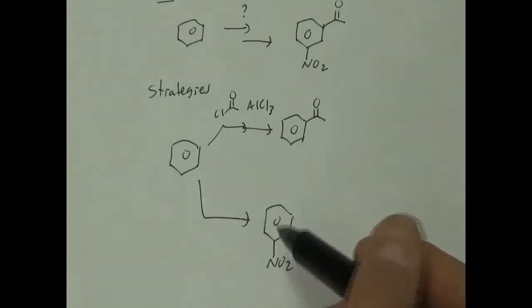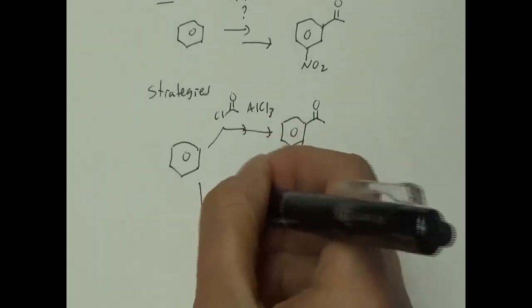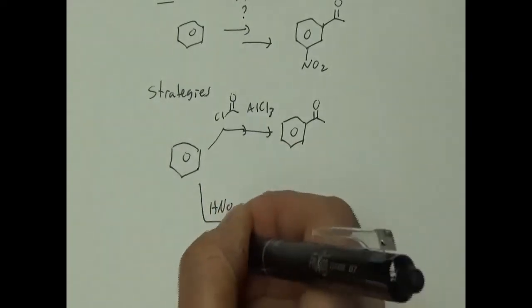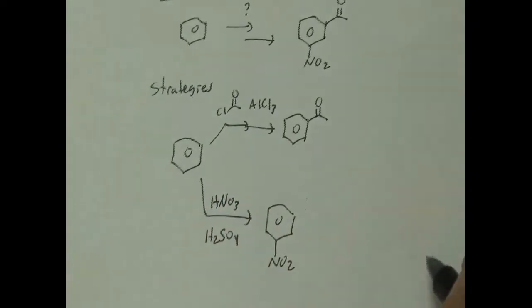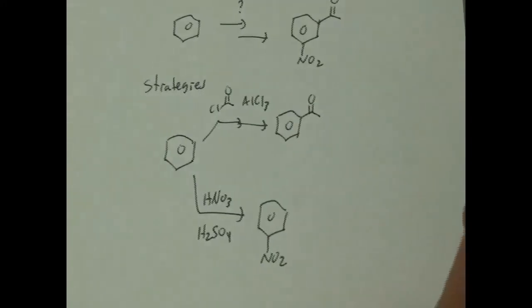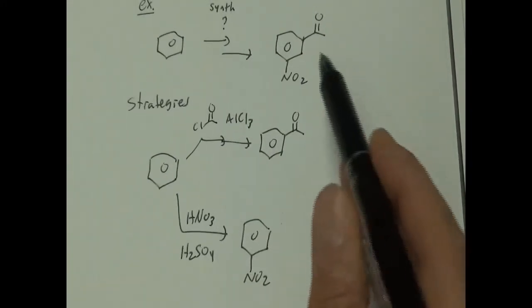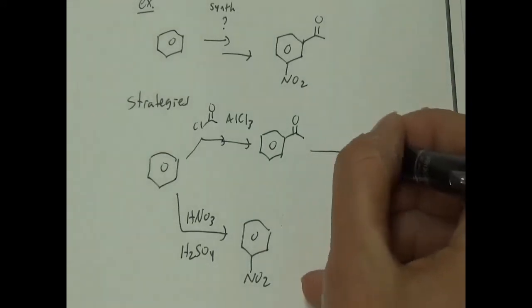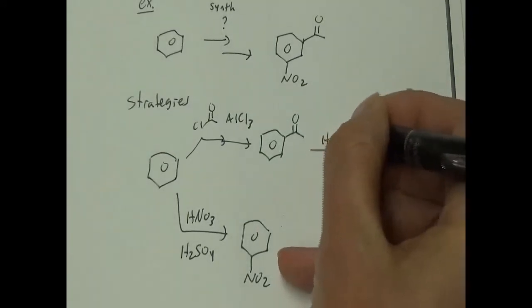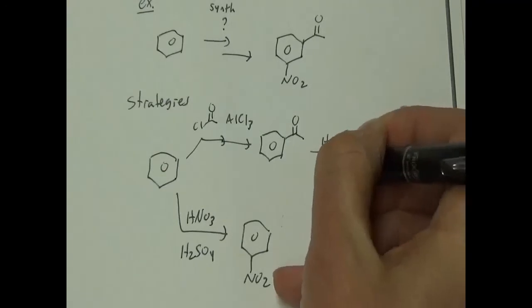How do I nitrate a benzene? That's HNO3, H2SO4. Chapter 15, both of these, right? And then if I was doing the top strategy, the next step would be to nitrate the ketone, HNO3, H2SO4.